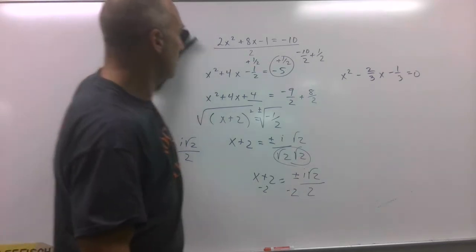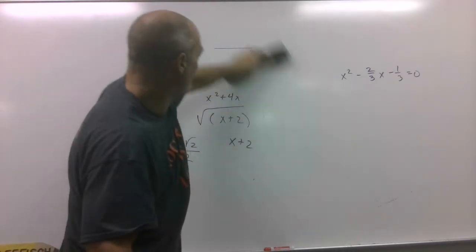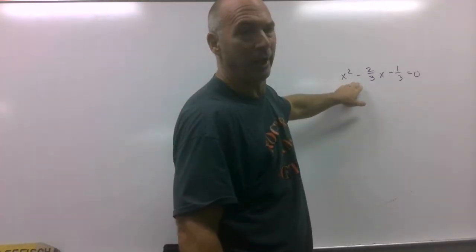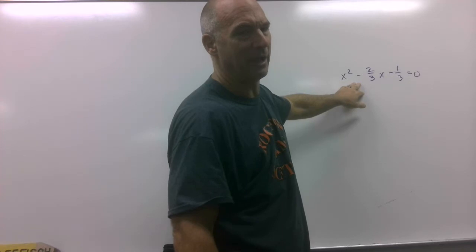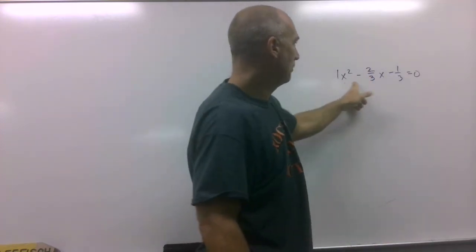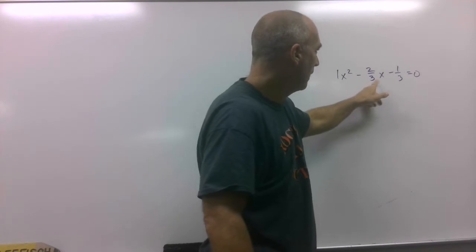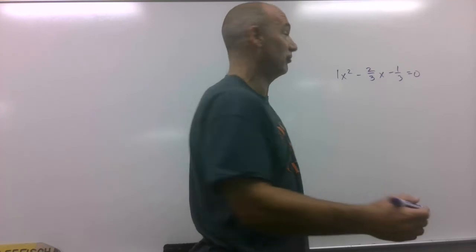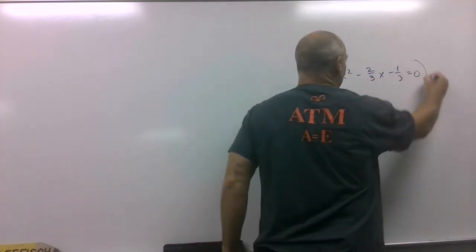Now we got one more type of problem that could give you fits. If we just look at this and think, yuck, don't like fractions, take half and square it. See, this is a 1, so we have the potential of just taking half and squaring that, but we don't really want to deal with fractions if we don't have to. Nice thing about equations, you can multiply them by anything you want.